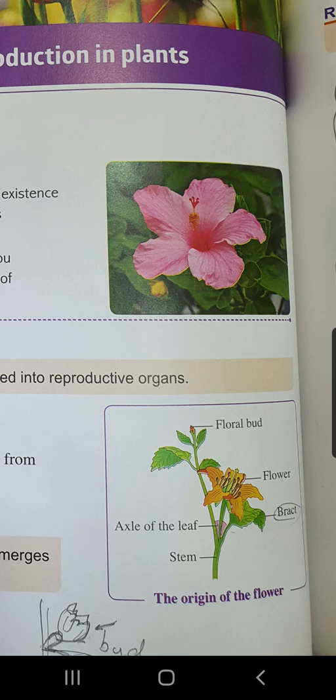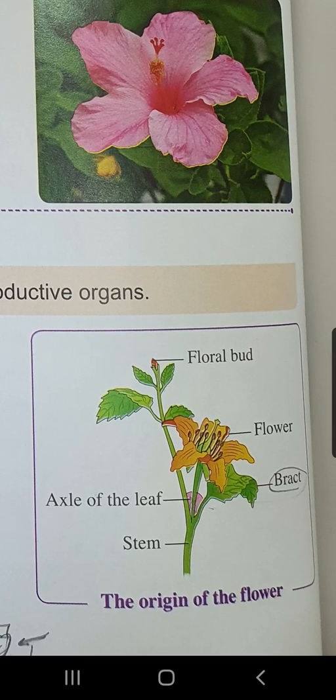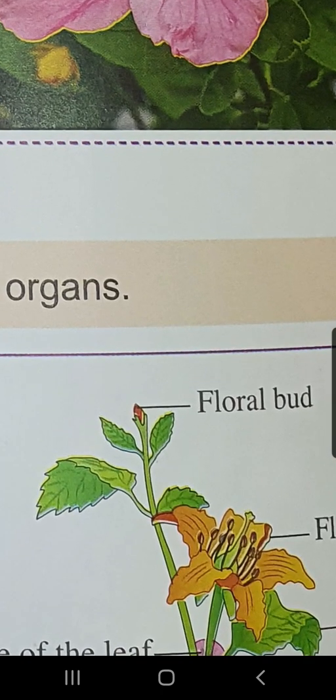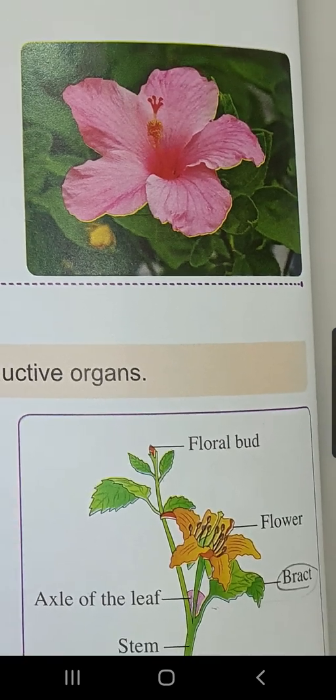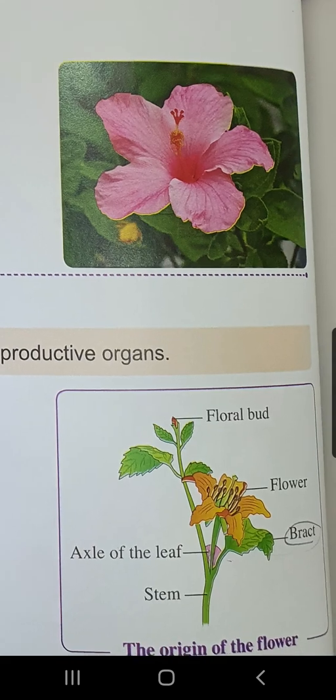The flower emerges from a floral bud, which comes near a green leaf called a bract. So the flower in the beginning starts with a floral bud. This floral bud emerges near a green leaf called a bract.